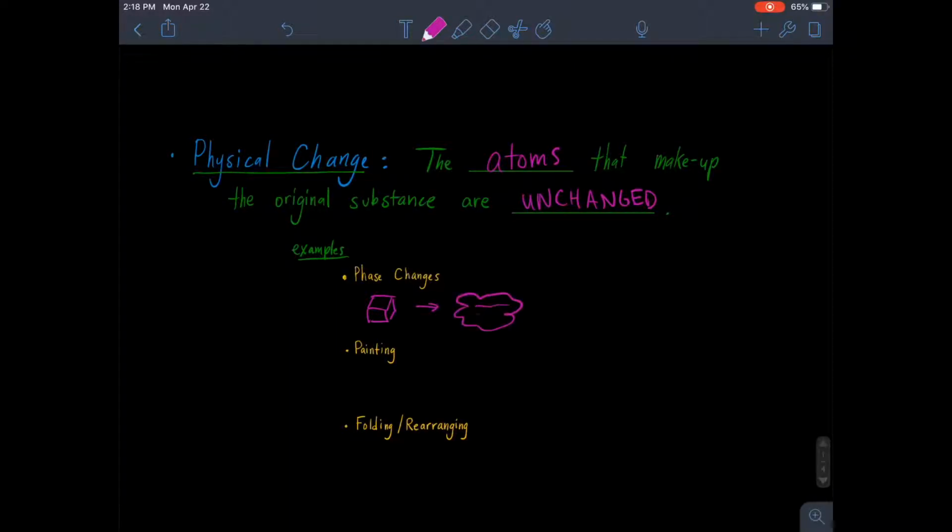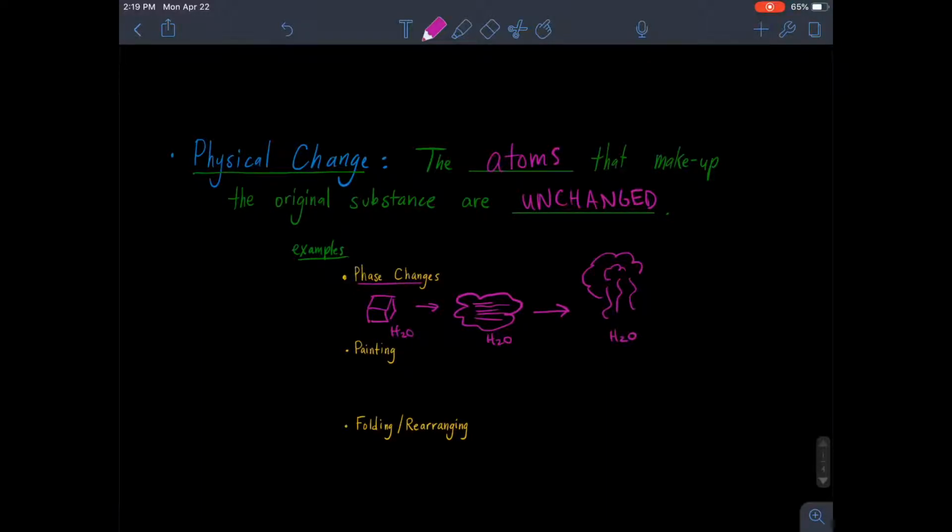Even though it started as H2O, it's still H2O. And then if I add some more heat and that then turns into steam, it's still H2O. So we have H2O, H2O, H2O. It just goes from a solid to a liquid to a gas. So that would be called a phase change, as you guys know. So that is a physical change because it's the physical state going from a solid to a liquid to a gas that changes.